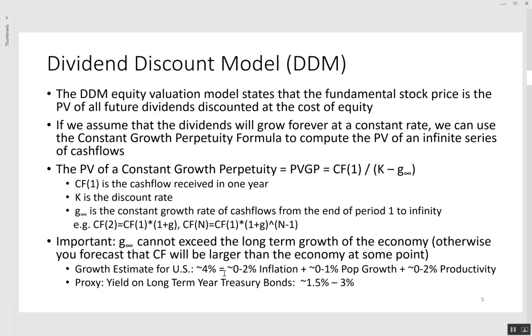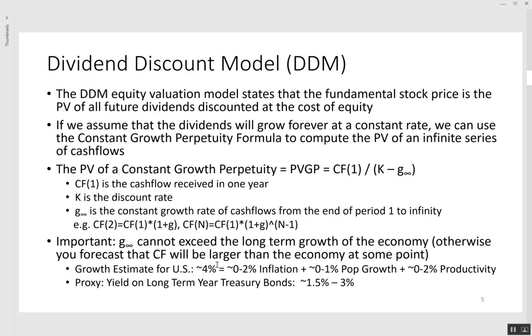because the nominal growth of the U.S. economy is comprised of just inflation, which is running between 0 and 2%, population growth, which is running, say, 0 to 1% long term, and increases in productivity, which is about 0 to 2%. So that range of long-term growth of the U.S. economy looks like it's going to be between 0 or a max of, if I add these up, 5%.